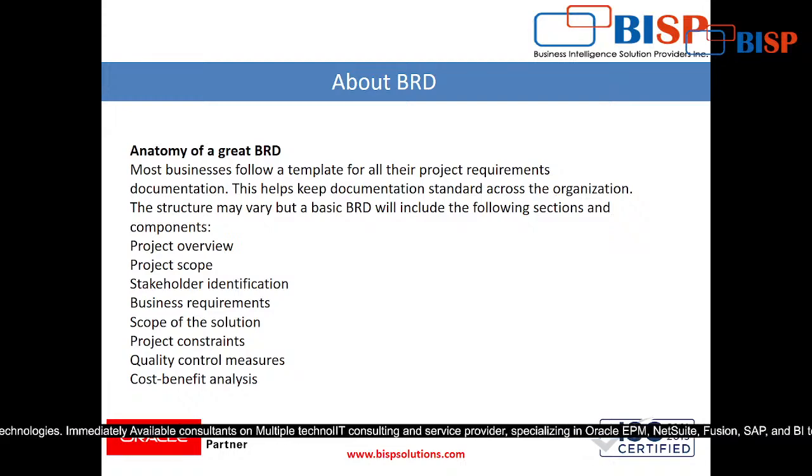For example, a sales rep is creating a sales order as usual, but after implementing Fusion in their premises, whatever changes or things he needs to ensure, you have to provide that also in the project constraint. Quality control measure means it's just testing. In testing, everything is included.